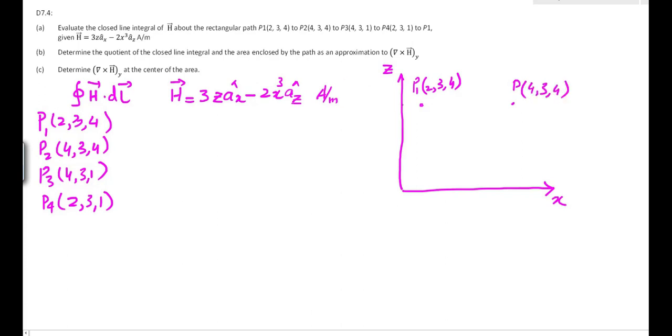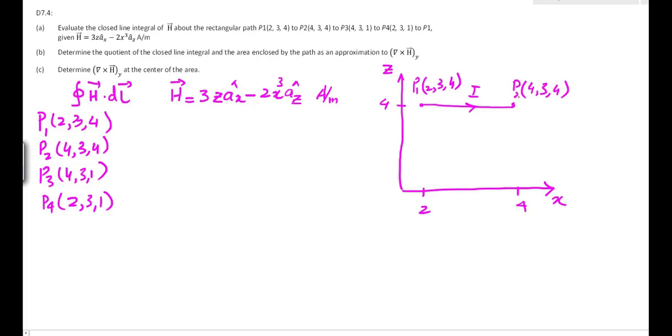So this point is at z equals 4, and these are at x equals 2 and x equals 4. So P1 and P2 are at z equals 4. Let's call the path from point 1 to point 2 path 1.